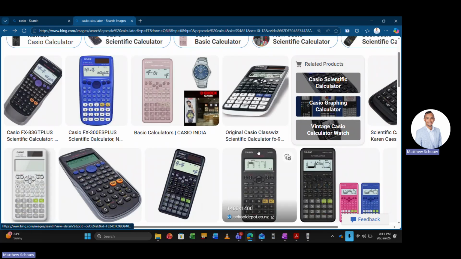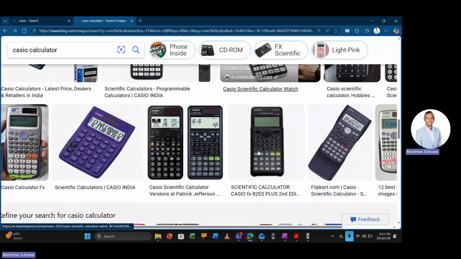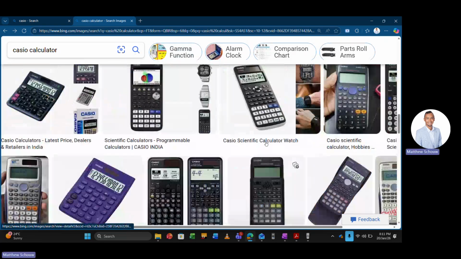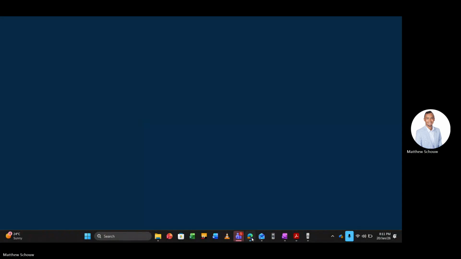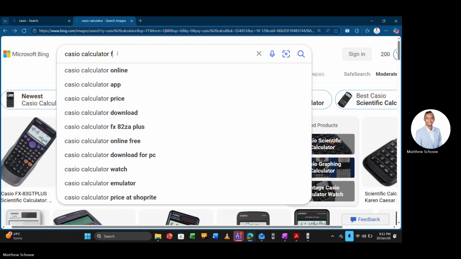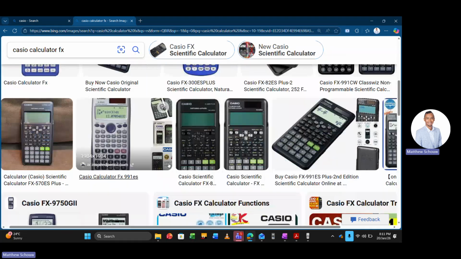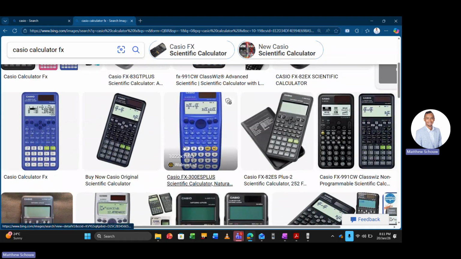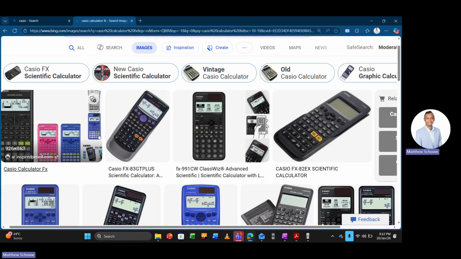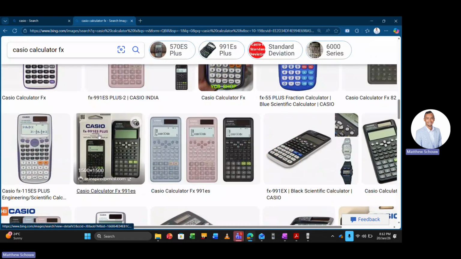It's the FX something something. I don't see it here. Okay, it's not the black one, but it's the other one. This one doesn't have the functionalities which I'm talking about, so you obviously want to have the one that I'm using.